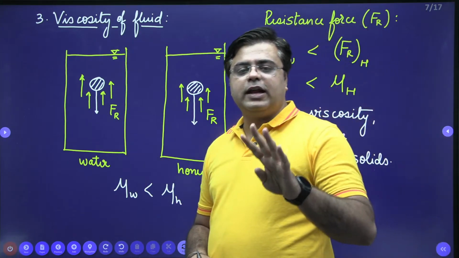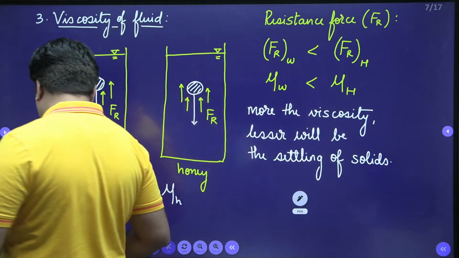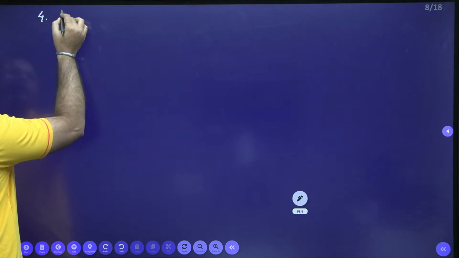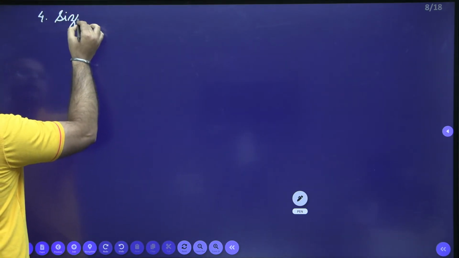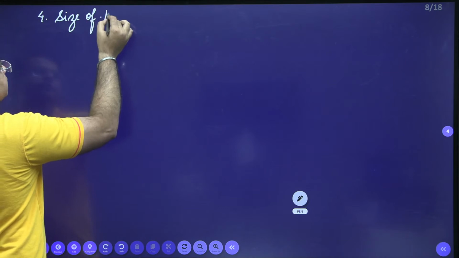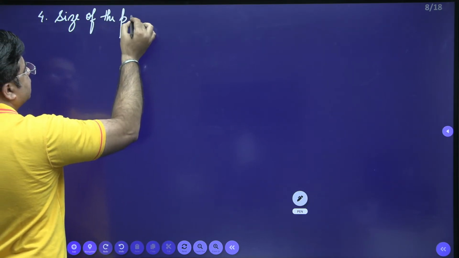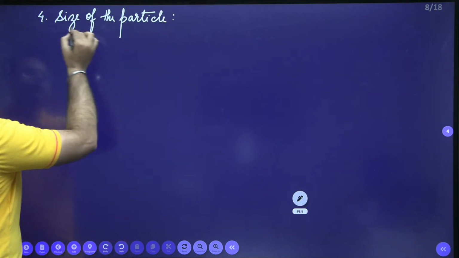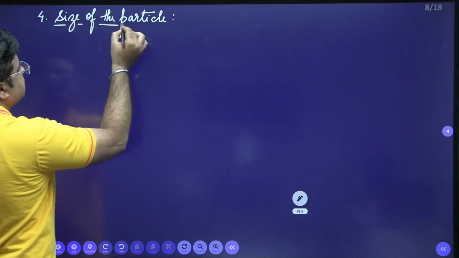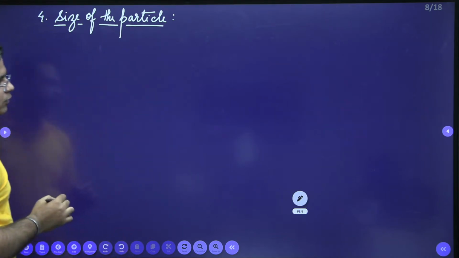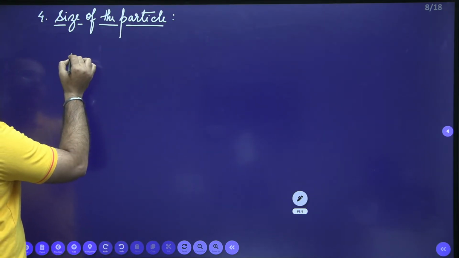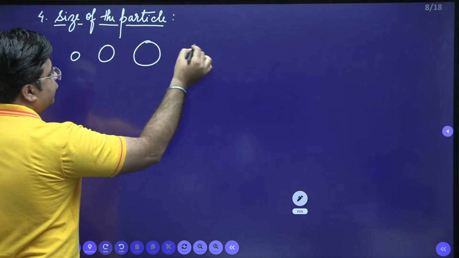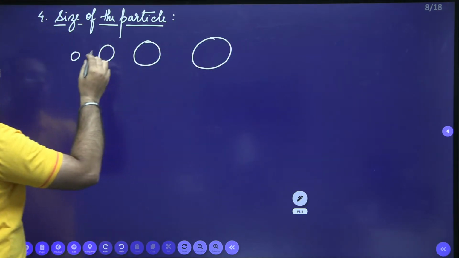Now the fourth and the last factor which affects the settling of the solid is size of the particle. For example, you have different sizes of particle like this, okay?